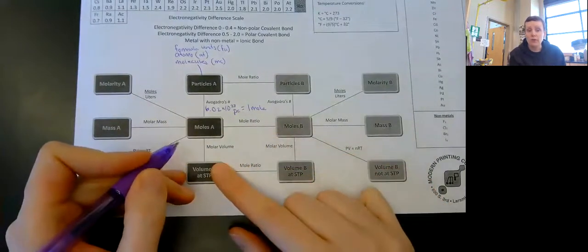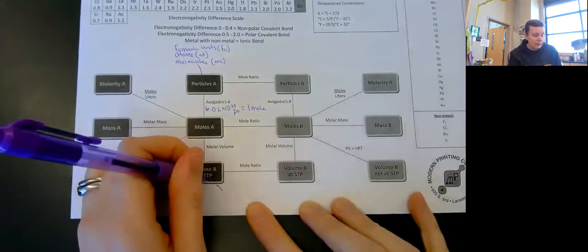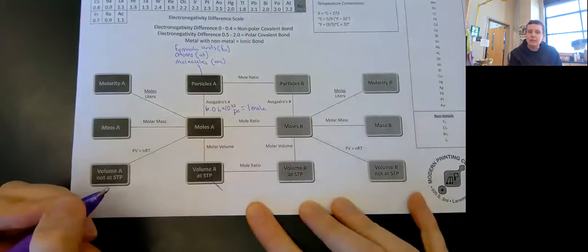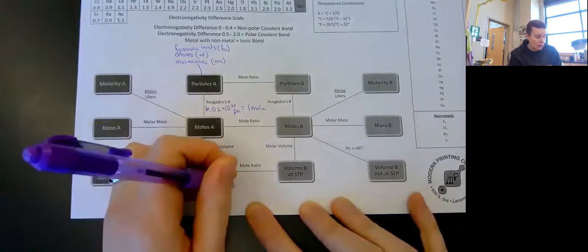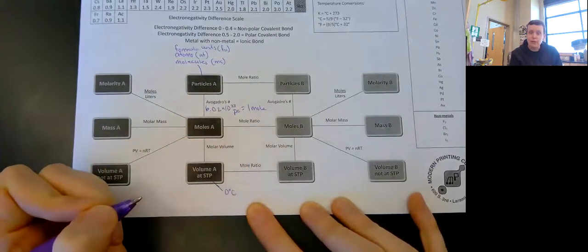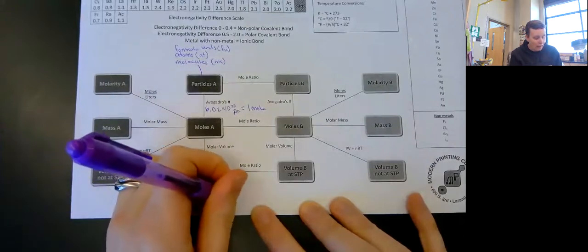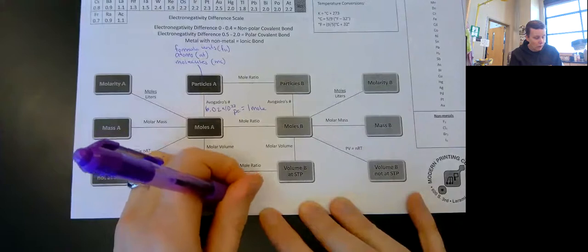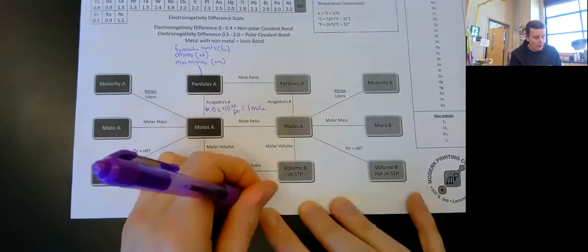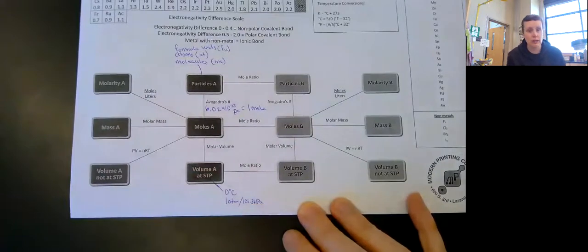Okay, molar volume. First of all, remember STP. STP means standard temperature and pressure. So this is only at 0 degrees Celsius, that's our standard temperature. And standard pressure is 1 atmosphere, or 101.3 kilopascals. We haven't worked with this very much yet, but this is the pressure at sea level.